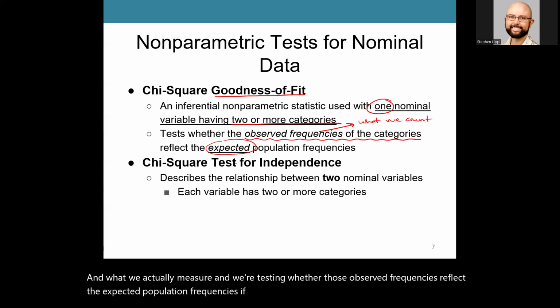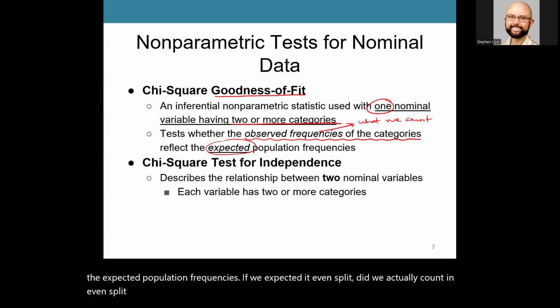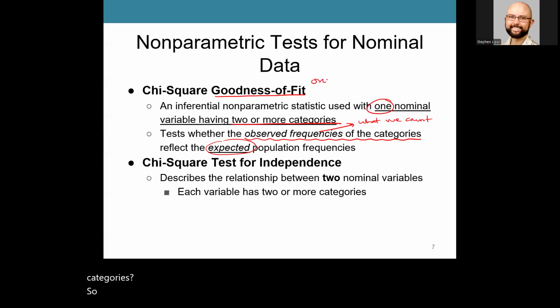If we expected an even split, did we actually count an even split? Or did we get a kind of lopsided distribution of people amongst these different categories? So that's the goodness of fit test with one nominal variable with at least two levels.